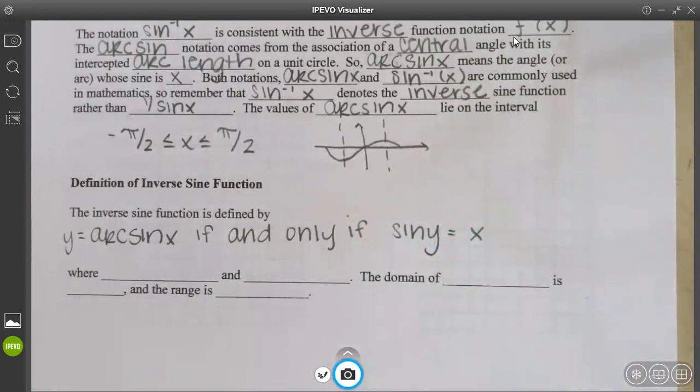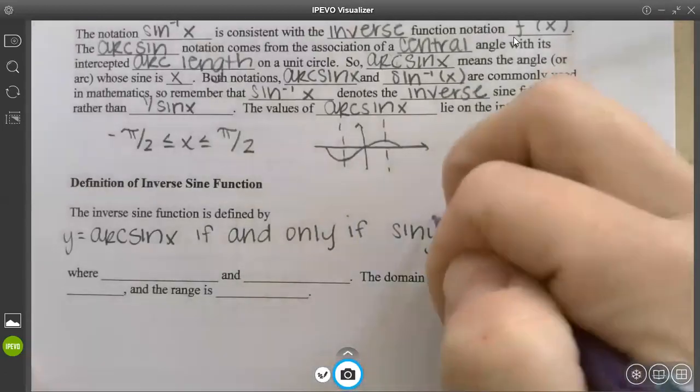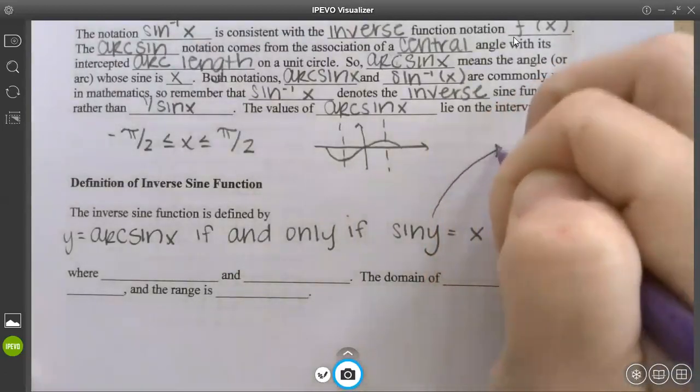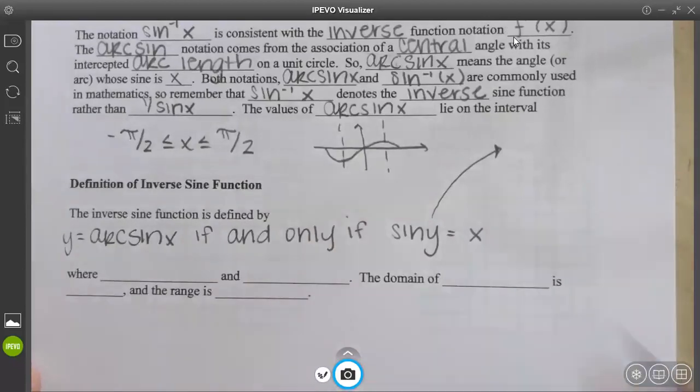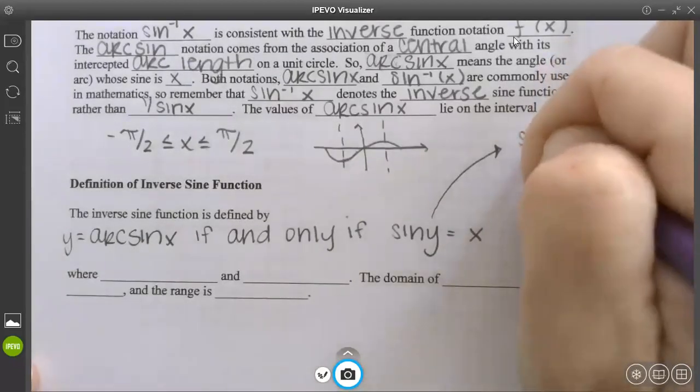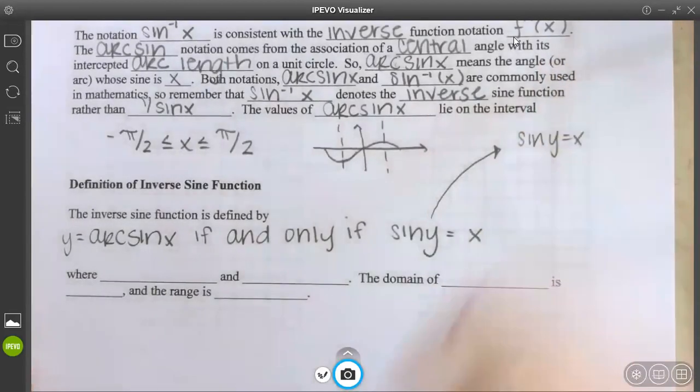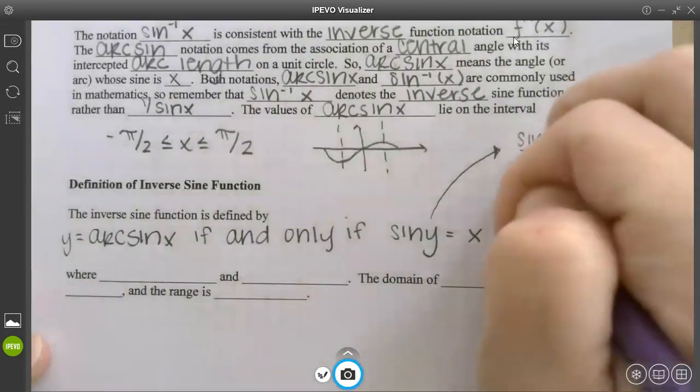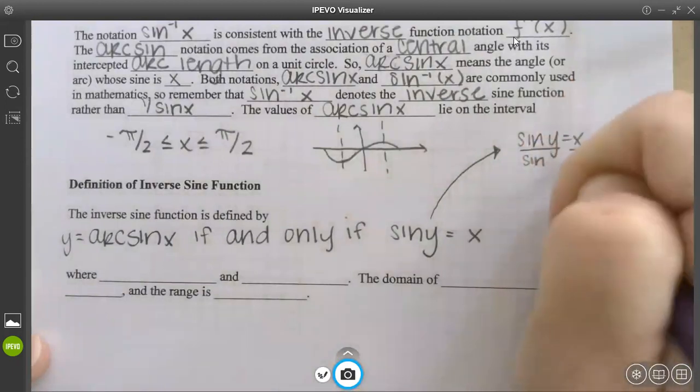All right, so I'm going to show you this real quick. This is not important to know. I just want to show you why it's the way that it is. If we have sine y equals x and we're trying to solve for y, we're going to divide by sine.